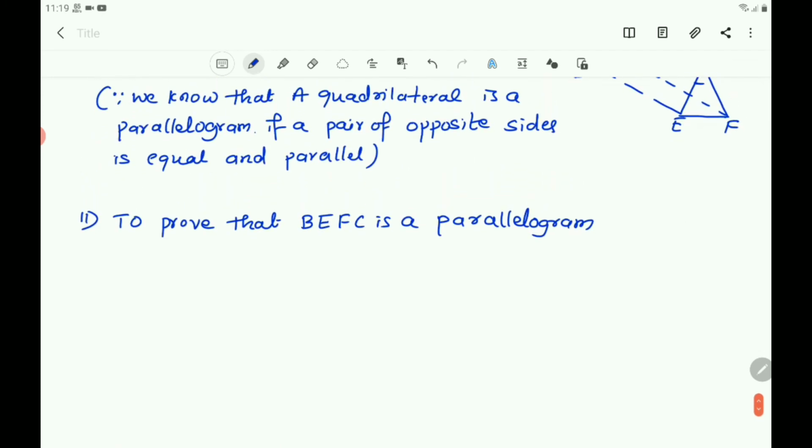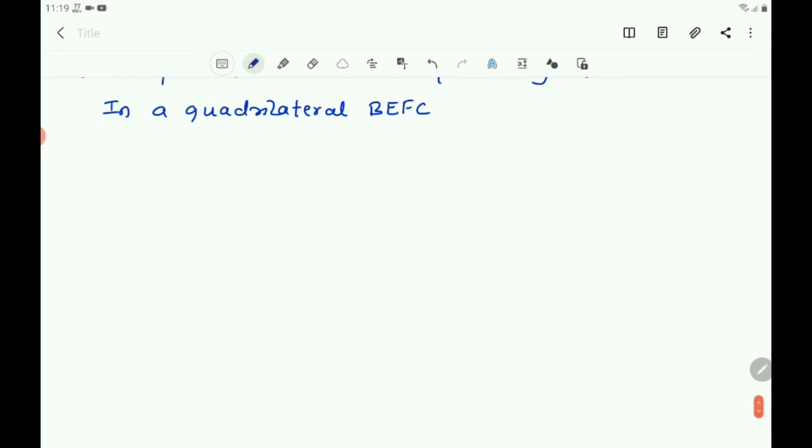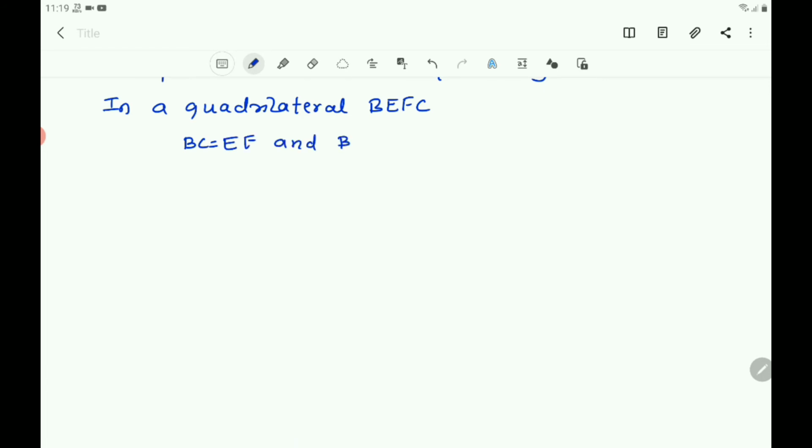Now you write in the quadrilateral BEFC, it is given that BC equals EF and also BC parallel to EF.